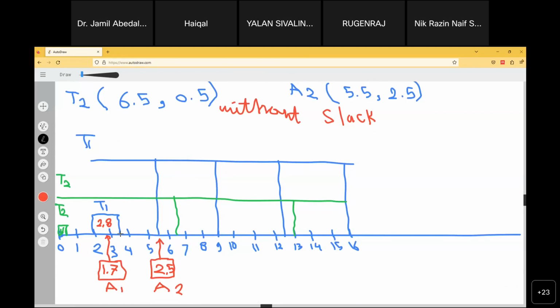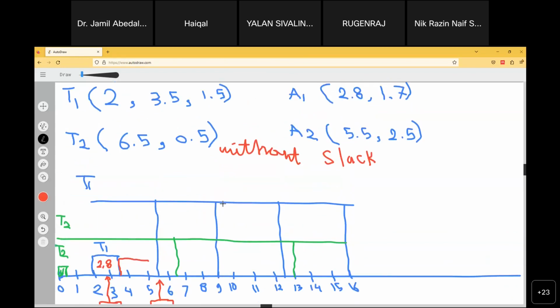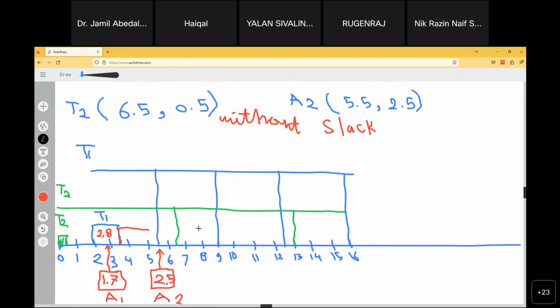From 3.5, half a unit, 1 unit, so 1.5. The total is 1.7, so extra plus 0.2, around this area. This is for A1.